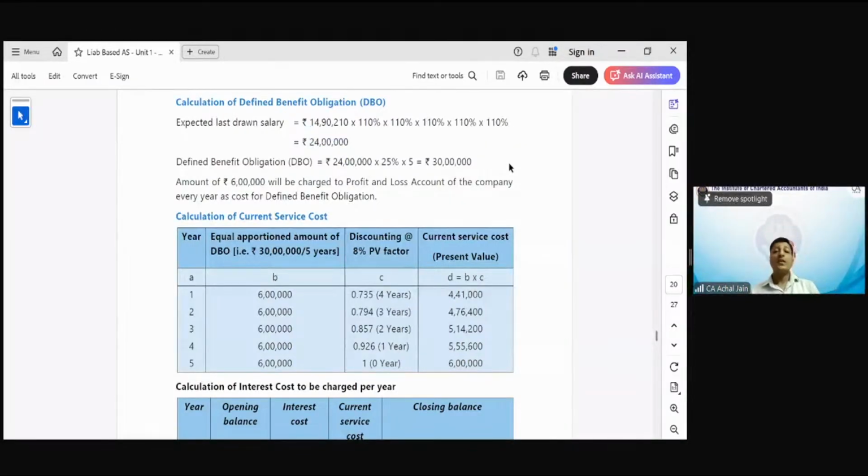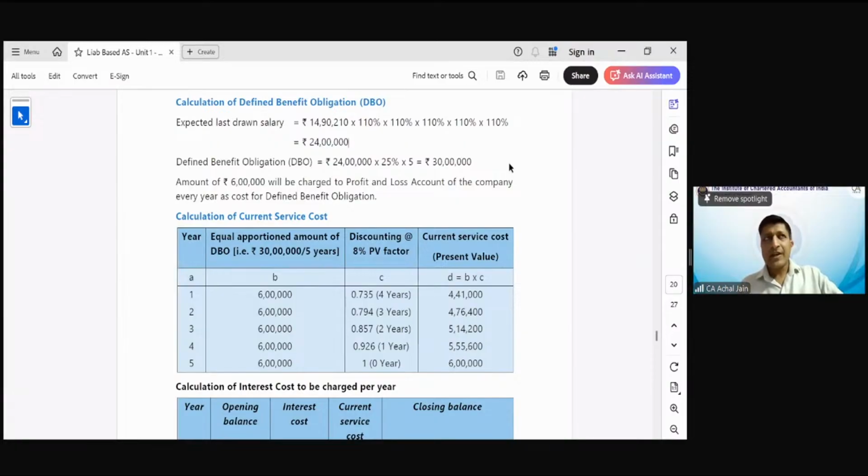Now, this lump sum payment requires last drawn salary, 25% of that amount. Okay. So this employee benefit or this post-employment benefit, how do you compute it?